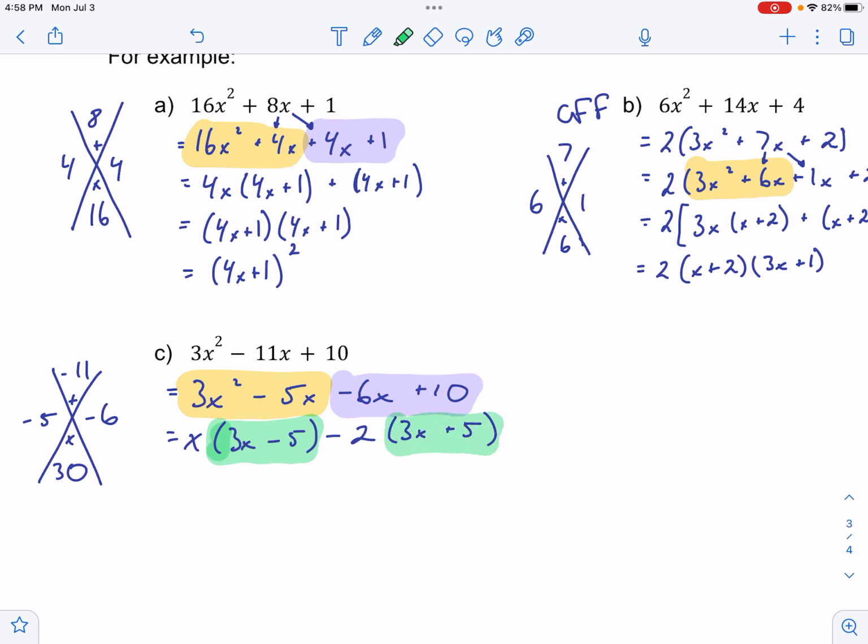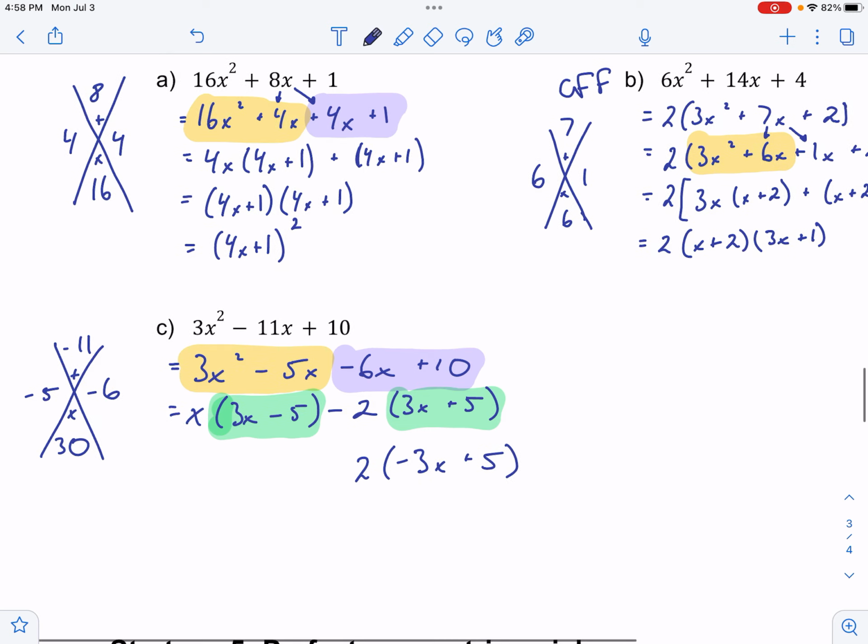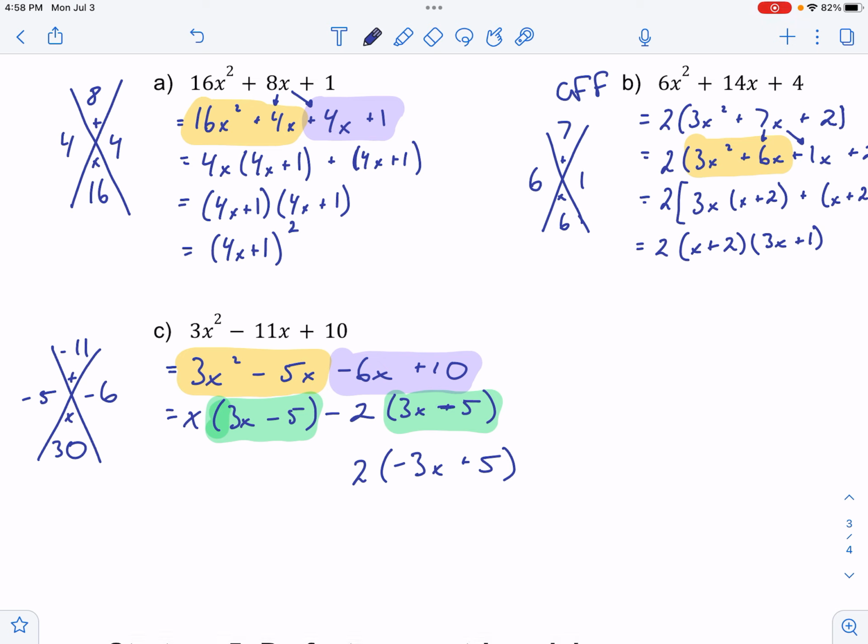If I hypothetically had pulled out only a positive 2, I would have been left with negative 3x plus 5. Oh, and I'm just realizing I've got a typo here. This should be a negative. Negative 3x plus 5 does not match 3x plus 5. And we would be stuck. There's nothing more that we'd be able to do. We need those two brackets to match.